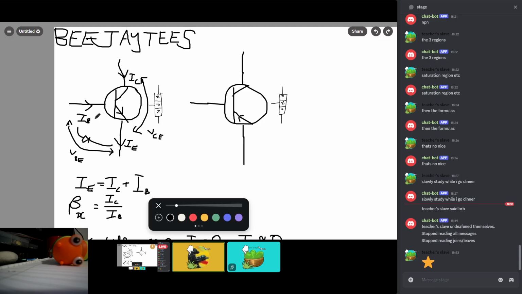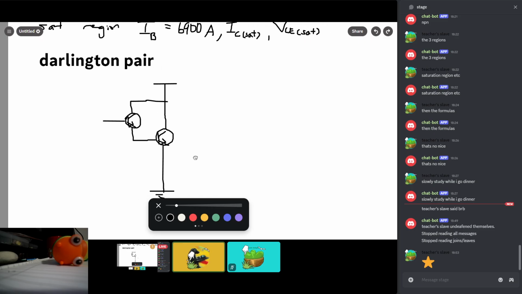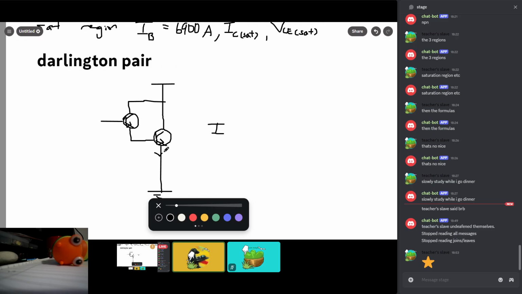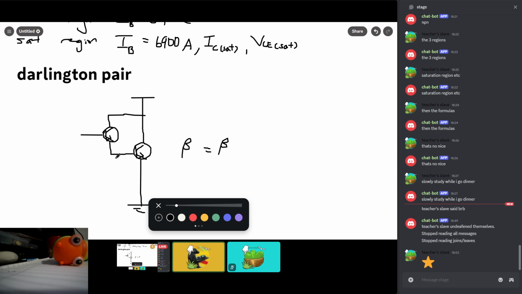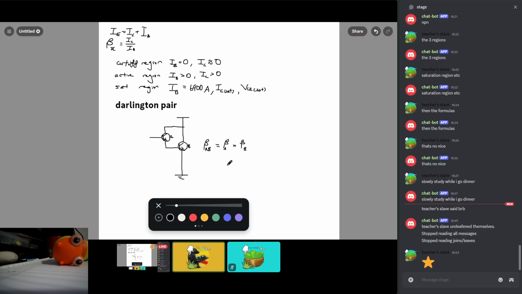It will be IC plus IB, and in here we can find the current gain of both of these by multiplying the current gain of the first transistor with the current gain of the second transistor. So yeah, that's the Darlington pair.